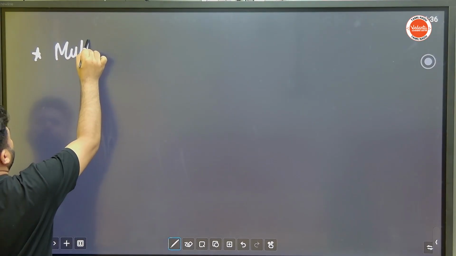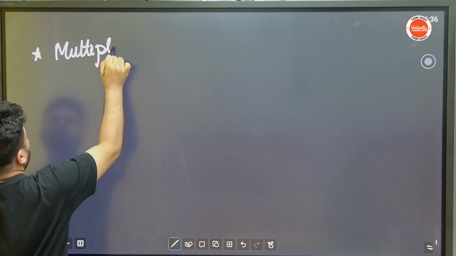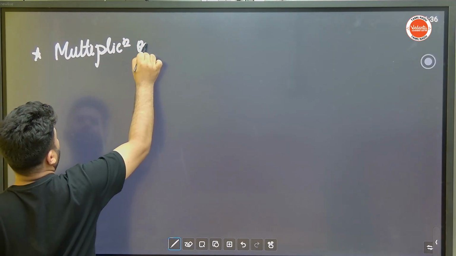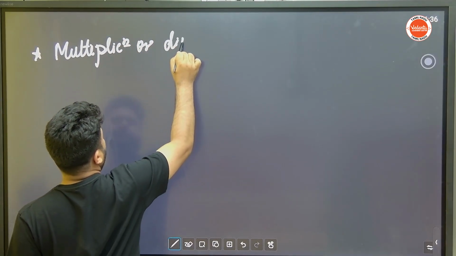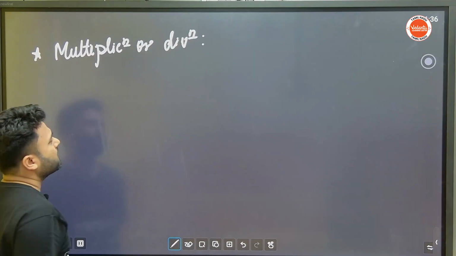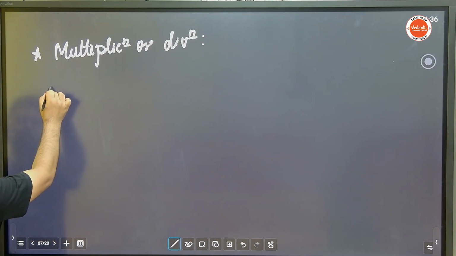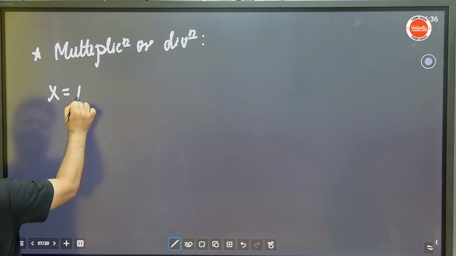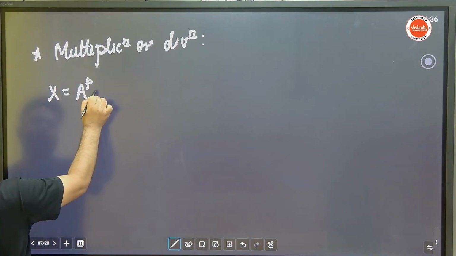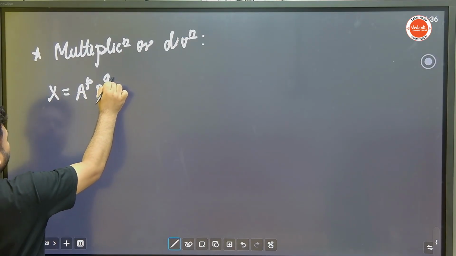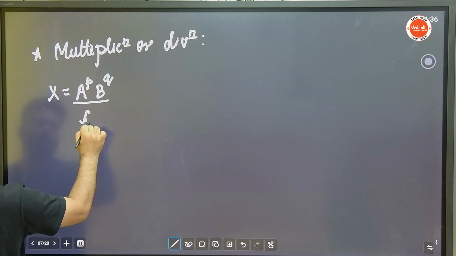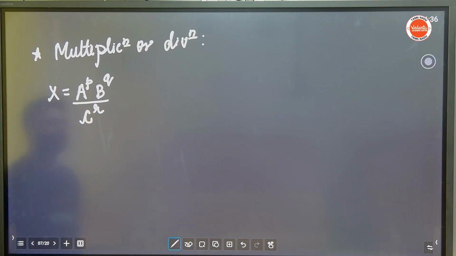Suppose there is a formula, x equals a to the power p, b to the power q, c to the power r, like this.